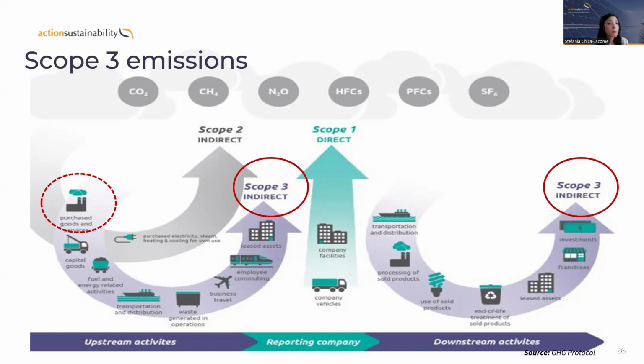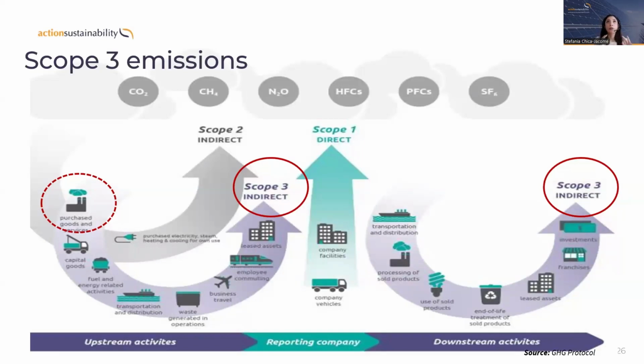Another category here is business travel. These are emissions from employee travel for business purposes. For example, every time you take a flight or you take a train as an employee to attend a work meeting, it would fall under the business travel category. We then have employee commuting.